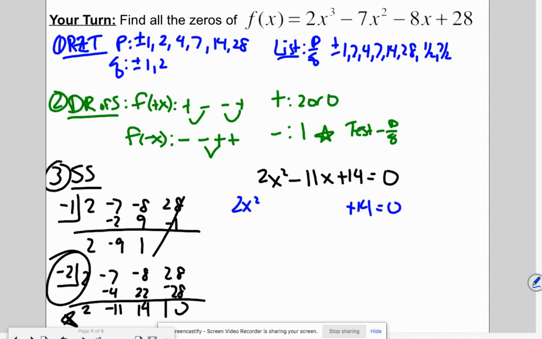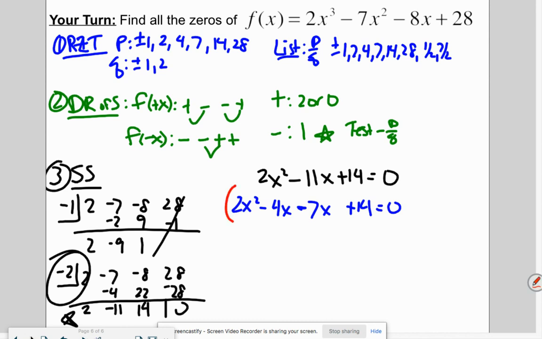That's negative 28x squared. What factors of negative 28x squared would add to a negative 11? That would be negative 4x and negative 7x, right? So negative 4x and negative 7x. That adds to negative 11x and multiplies to positive 28x squared.